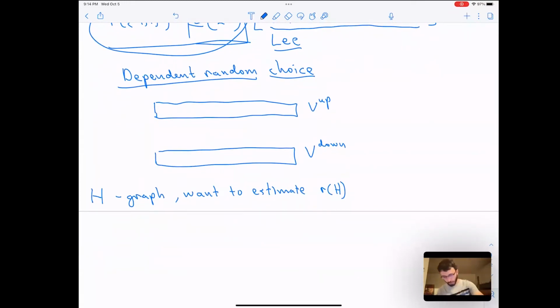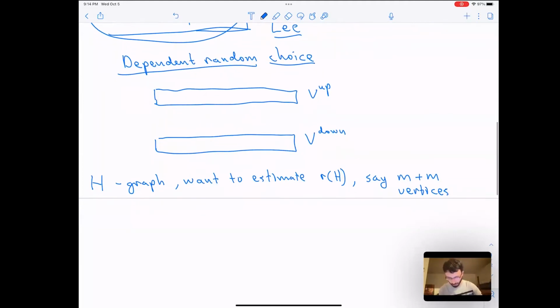Let's assume that the graph has, say, m plus m vertices. I will not consider the most general case, so let's assume that it's balanced in the sense that the two parts have the same size, and say maximum degree d.